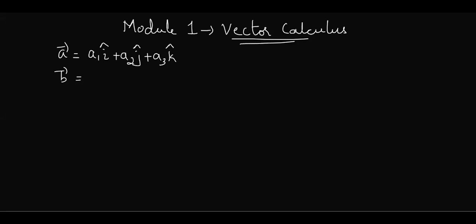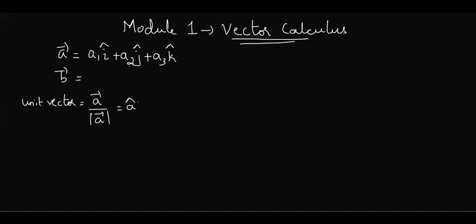Whenever I take a unit vector of A, I have to take that vector divided by its magnitude. That quantity is called the unit vector, which can be denoted as A cap.